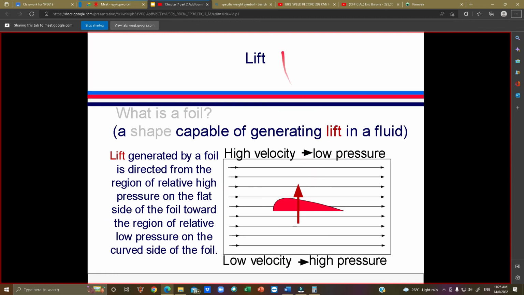Okay, why we have lift is because of the pressure. Tempat yang berkelajuan tinggi, pressure dia rendah. So this aerofoil, this wingspan of an aeroplane will move upwards. Jadi bila dia nak turun, apa yang dia akan buat? They are going to open up a flap.